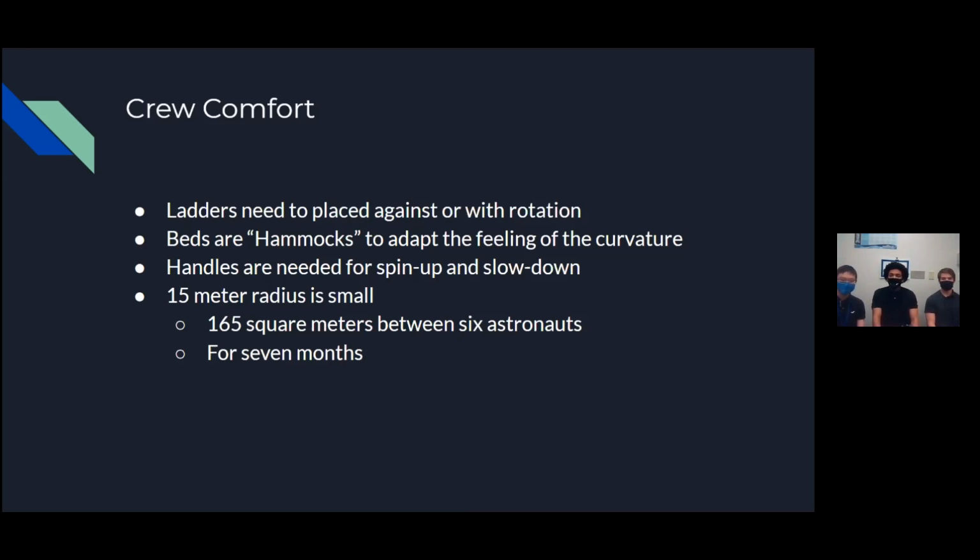We also found that handles would be great to have around the station for the crew members when transitioning gravity levels. And we also found that a 15-meter radius, or diameter, sorry, is quite small for 6 astronauts for an extended period of time.